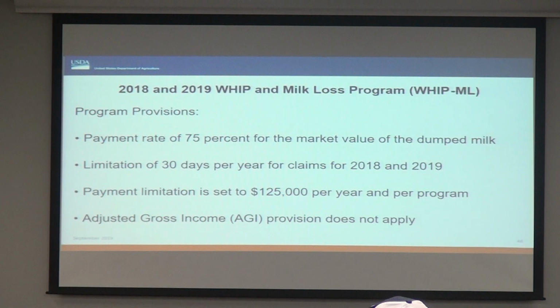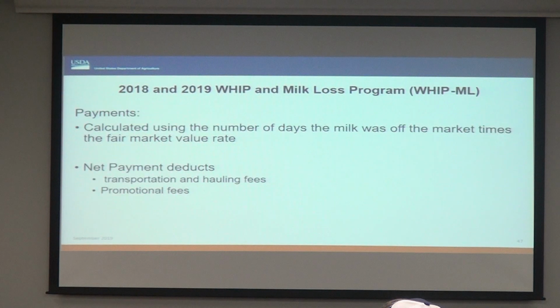Payment limitation is set at $125,000 per year, and adjusted gross income provisions do not apply to this program. Payments are calculated using the number of days that the milk was dumped times the fair market value. Of course, off the gross payment, you have to deduct any transportation and hauling fees and promotional fees.